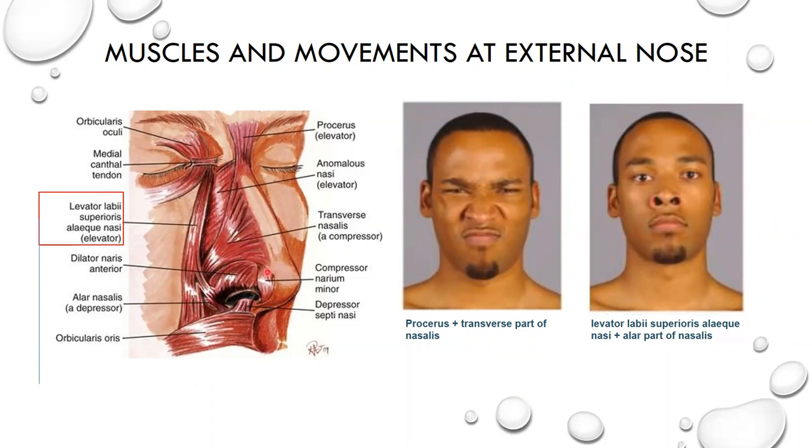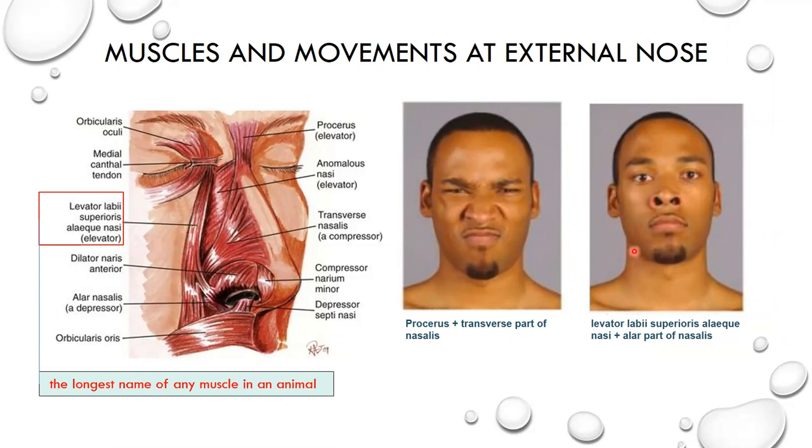And in the alar part, you have compressor narium minor, dilator naris anterior, and alar part of nasalis. And the longest muscle name in any animal is levator labii superioris alaeque nasi.